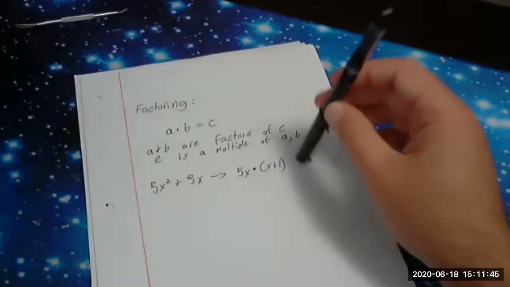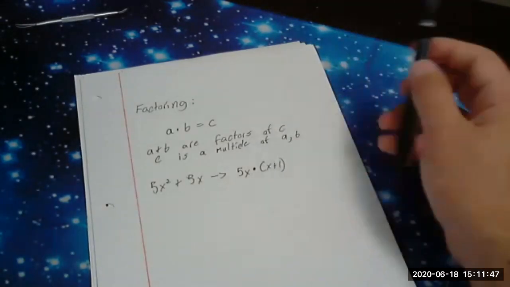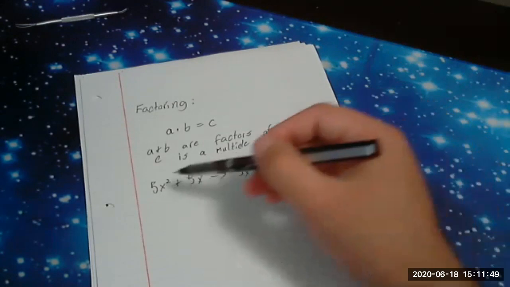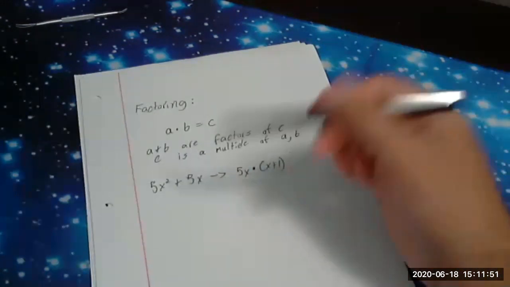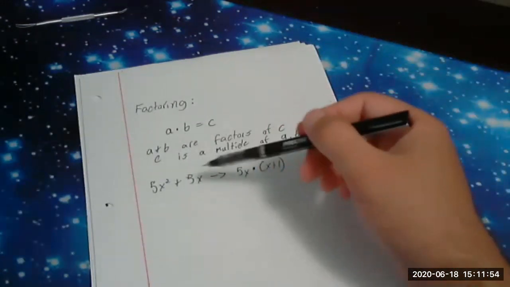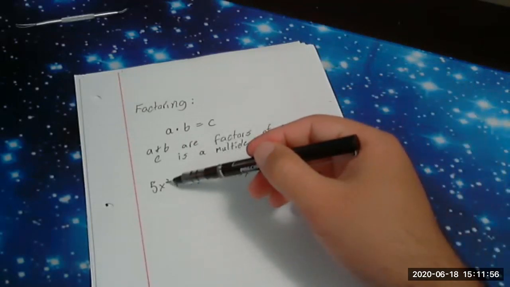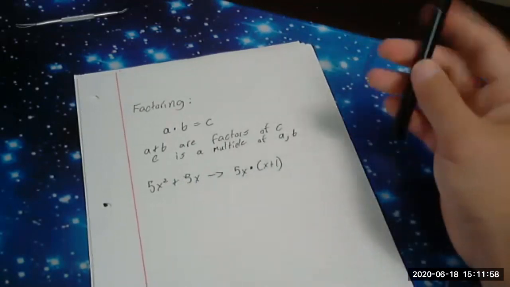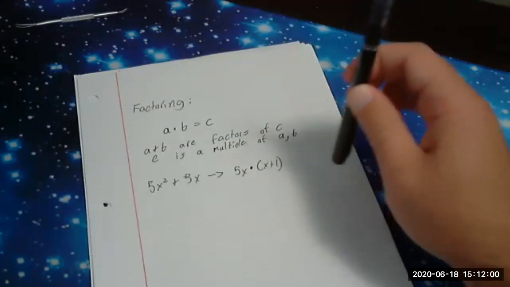And this is a simple version where you just see, okay, both of these have a 5 you can divide out, and then they both also have a single x you can divide out. But we will talk more about this factoring business tomorrow.